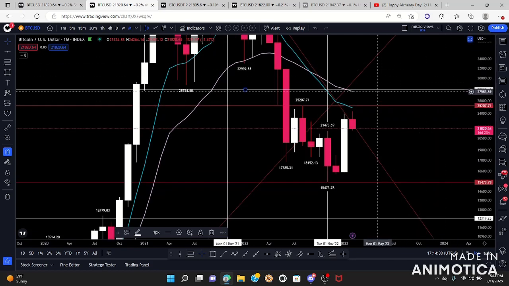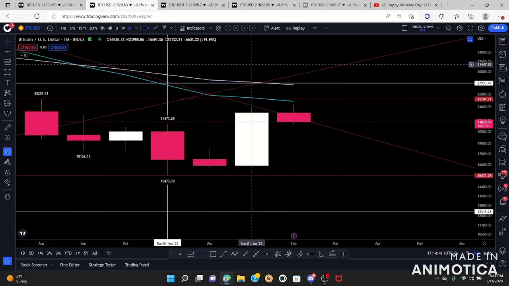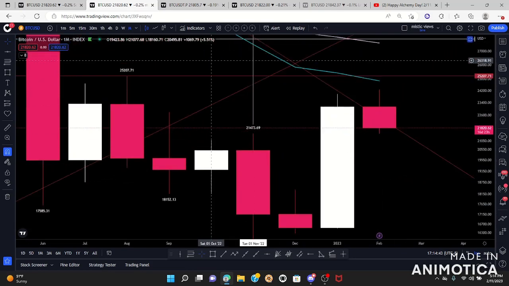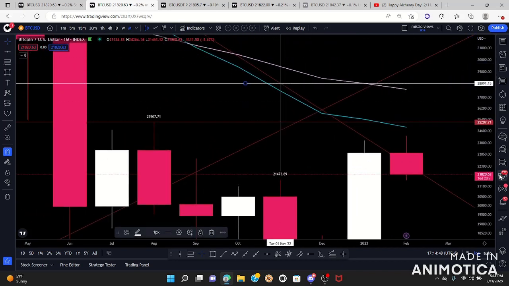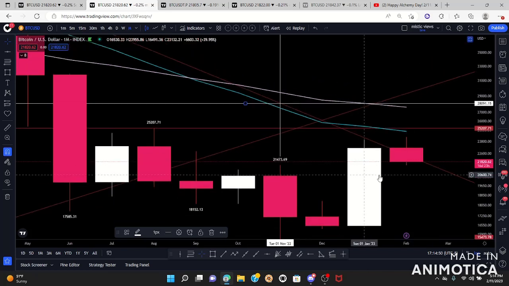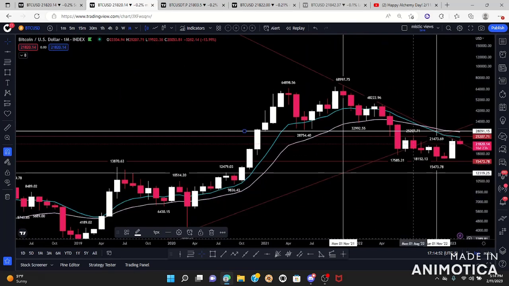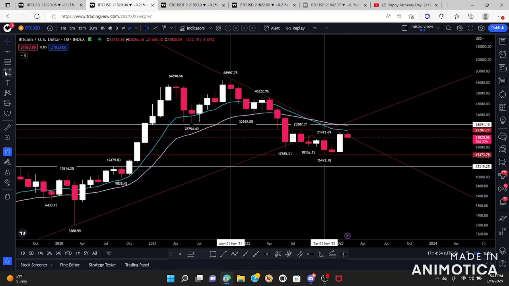Perfect. So our bullish target, and of course we can zoom in to make sure we have the most accurate target. There we go. So I got 28,091. And that is our monthly targets.